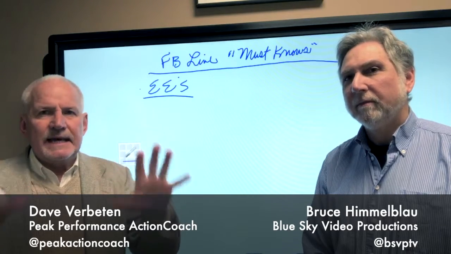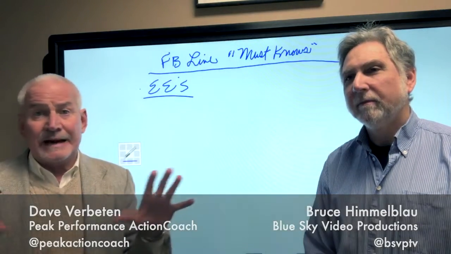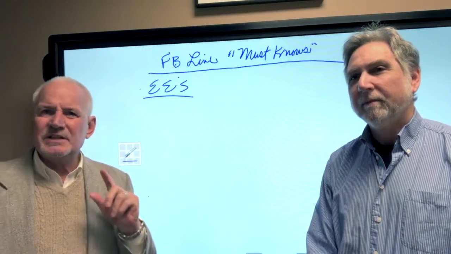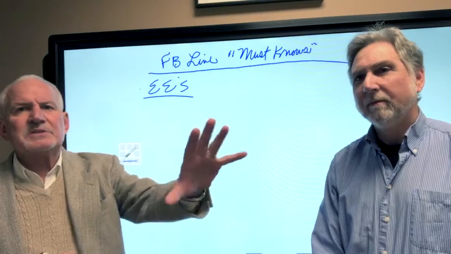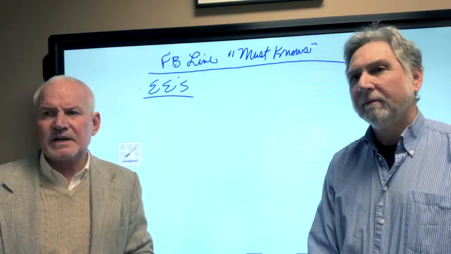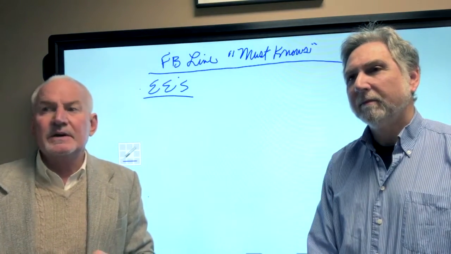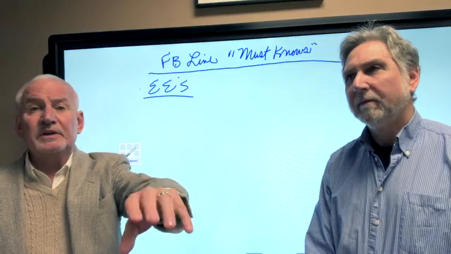Where do I need talent? Don't put names in boxes. Just say, hey, I'm going to need this kind of an engineer. I'm going to need this kind of an administrative assistant. I'm going to need this kind of an estimating job. Oh, I'm going to need these people in the field.